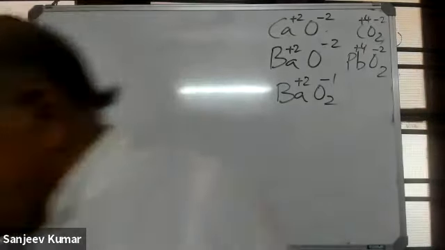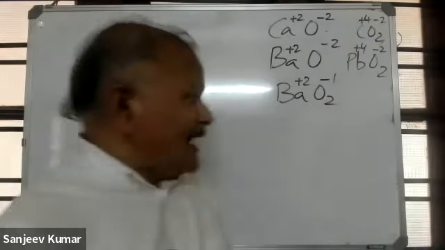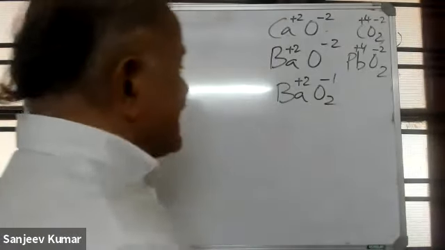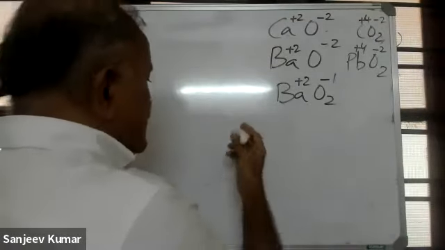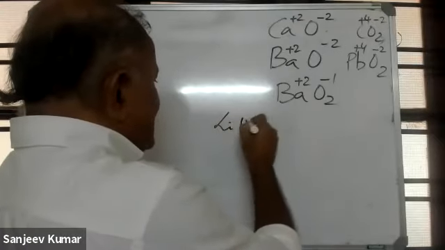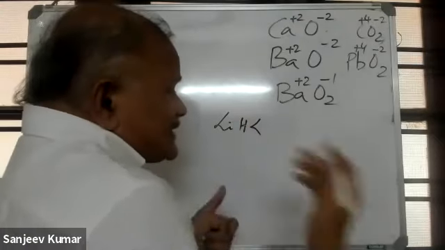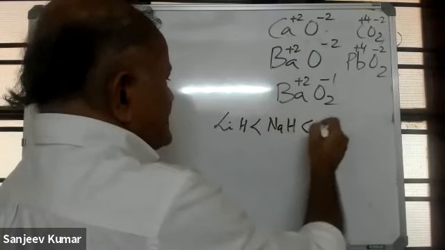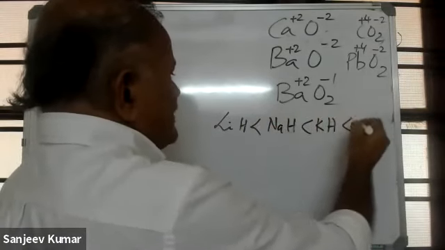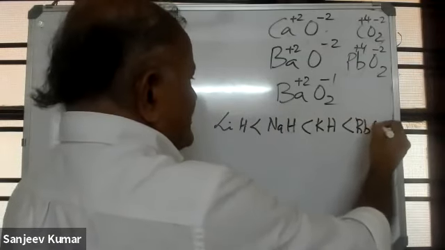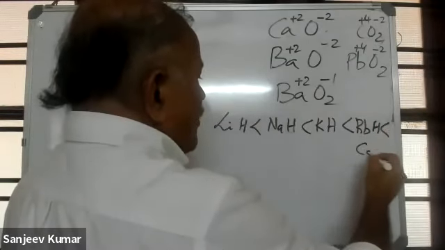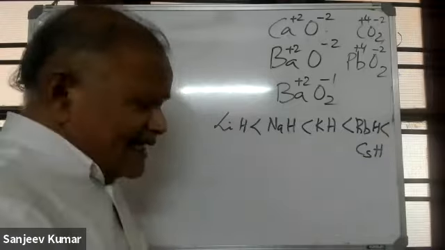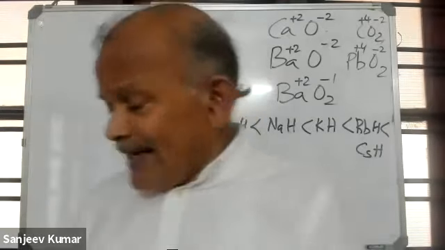Down in the group, the size increases and thereby the ionic character increases. Therefore, lithium hydride is least ionic, and cesium hydride the most: lithium, sodium, potassium, rubidium, and cesium. And that is the order of the ionic nature of hydrides.